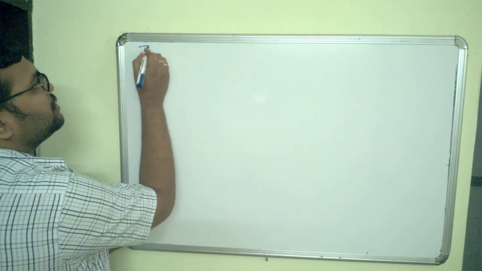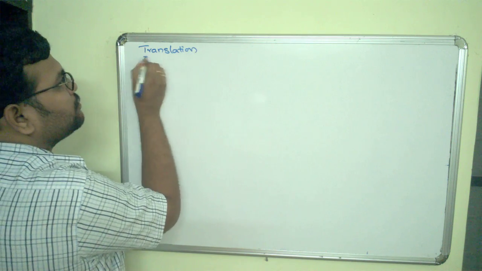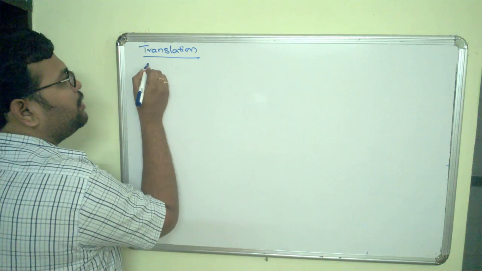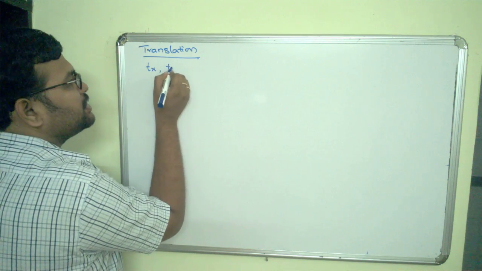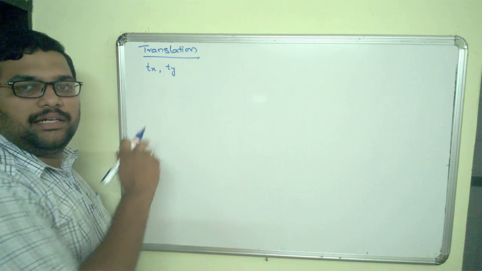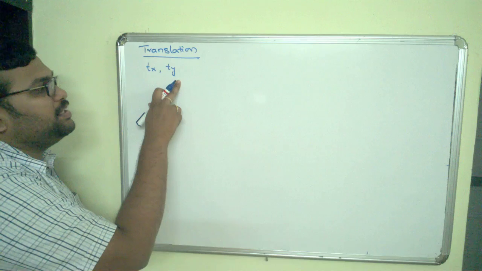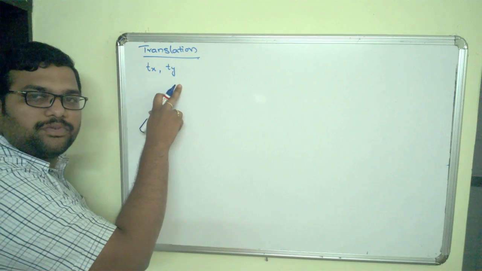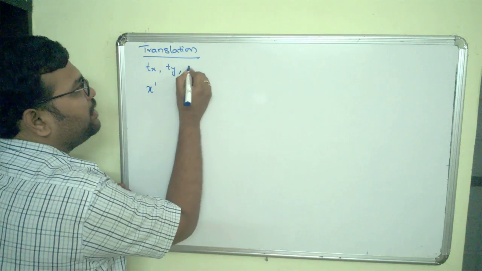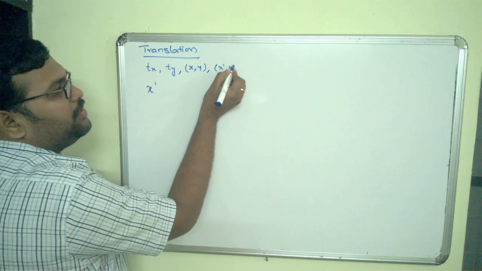So first one is translation. For this translation, we require translation parameters tx and ty. Tx is a translation parameter with respect to the x-axis, ty is a translation parameter with respect to the y-axis. We have derived: x and y are the old coordinates and x dash, y dash are the new coordinates.